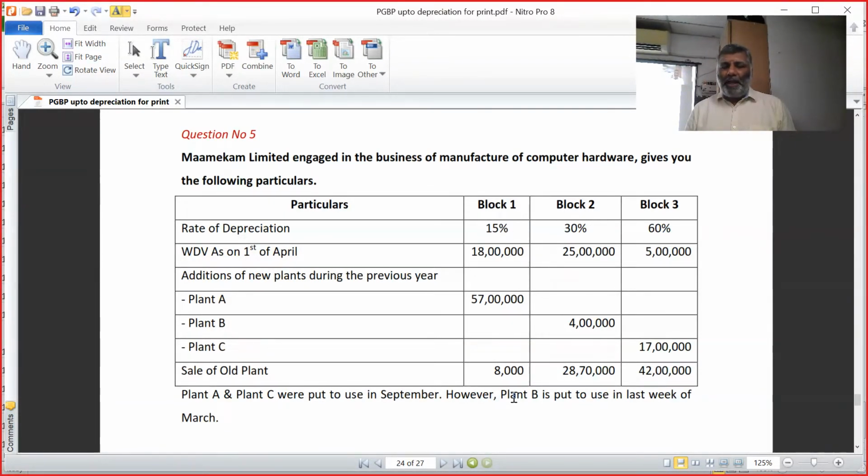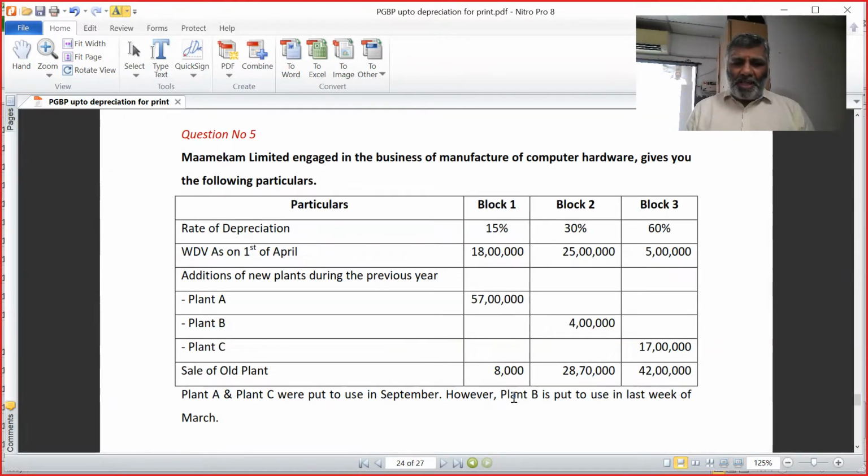Question number 5. Marmakam Limited, engaged in the business of manufacture of computer hardware, gives you the following particulars. Rate of depreciation: of course, block 3 is only 40% now, but that doesn't matter because that block is going to go out of existence. Opening WDV, additions of new plant A, plant B, plant C, and sale of old plant.